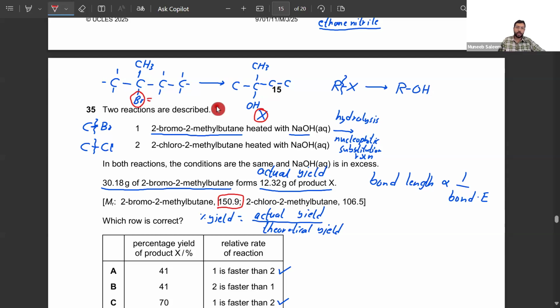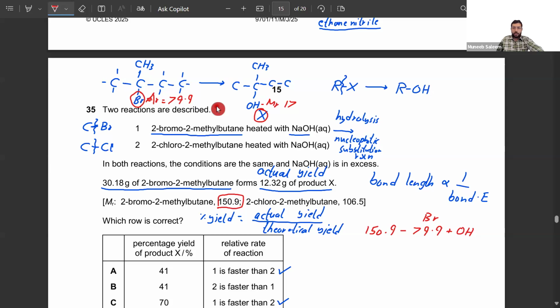The Ar value of bromine is 79.9, and the Mr value of OH is 17. So just do the calculation: 150.9 minus 79.9, subtracting the bromine, and add the value of the OH, because this is what we are replacing it with.